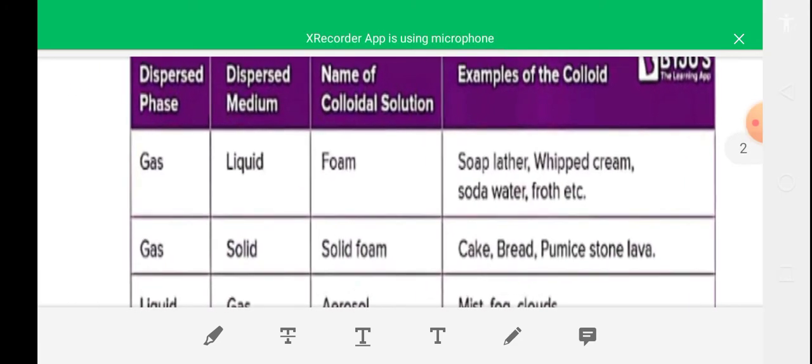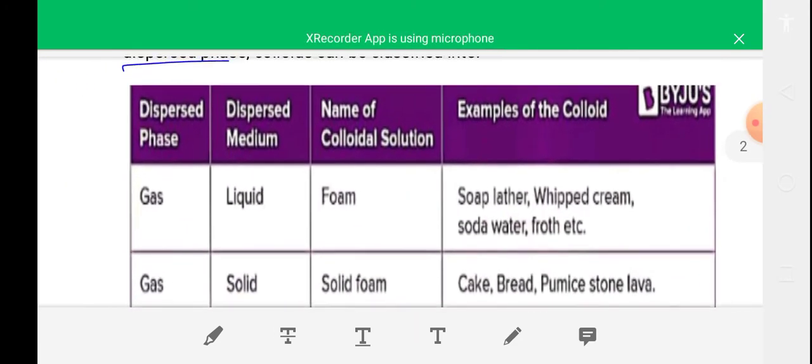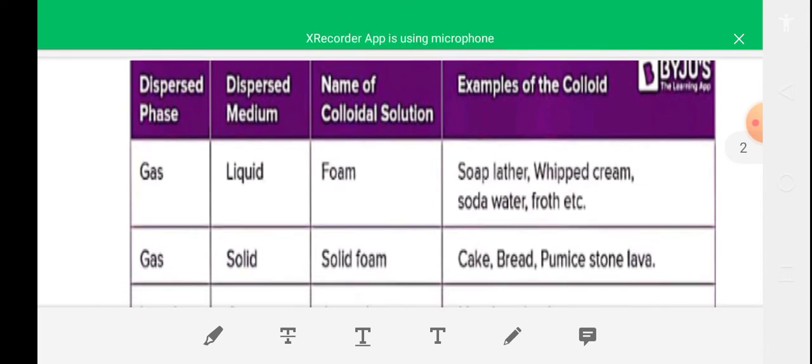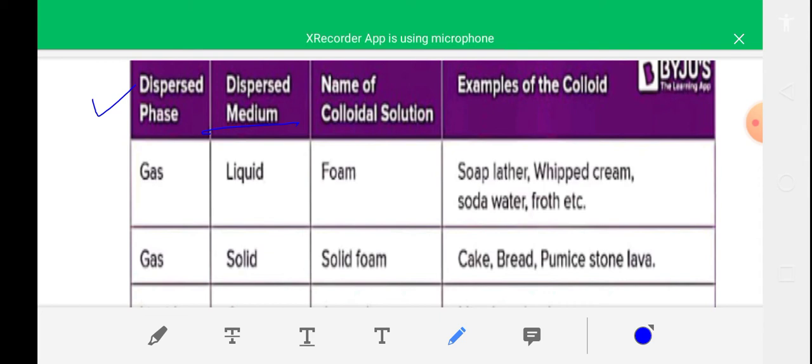In tabular form, it is given. You can see first it is written dispersed phase, then dispersion medium, name of colloidal solution, and example. So when dispersed phase is gas and dispersion medium is liquid, then the name of the colloid is foam, that is gas in liquid.